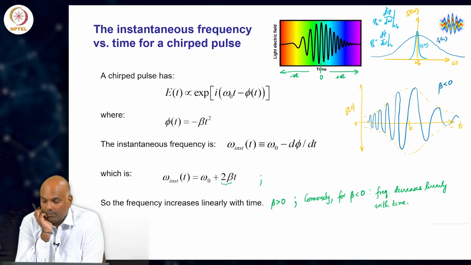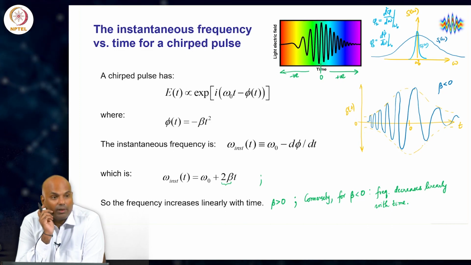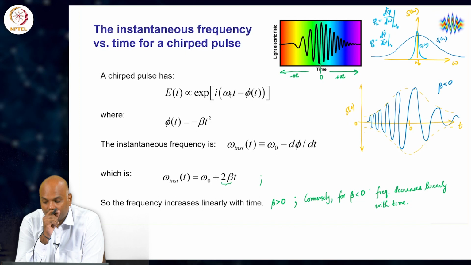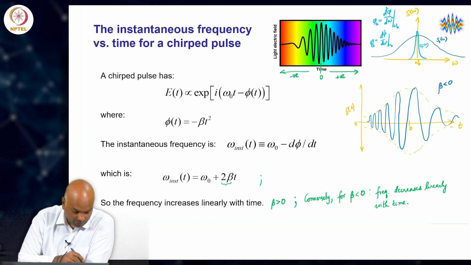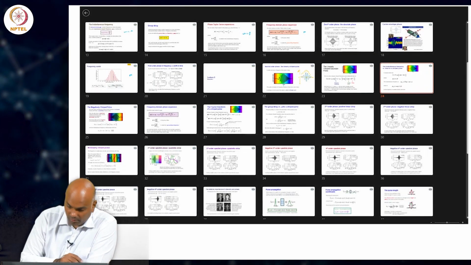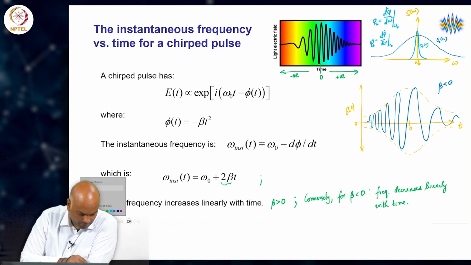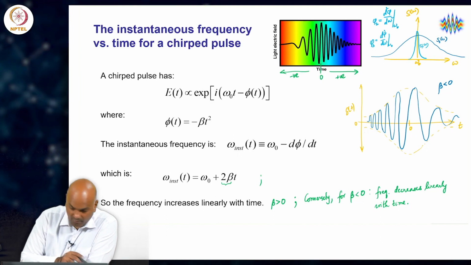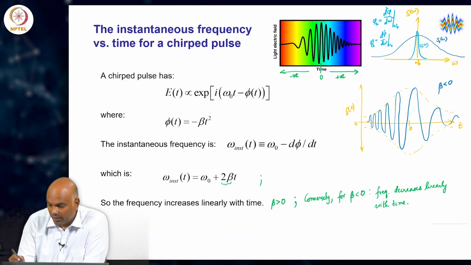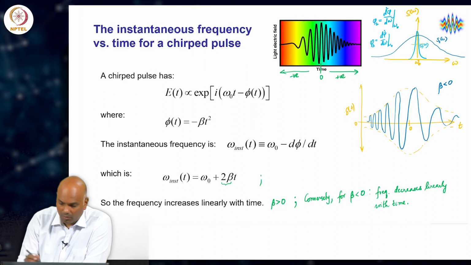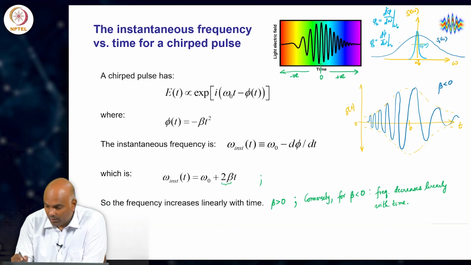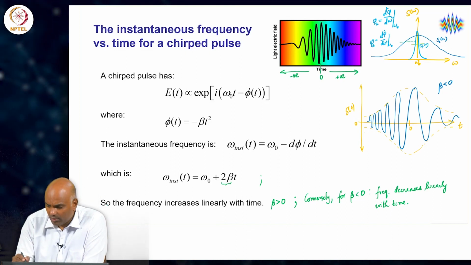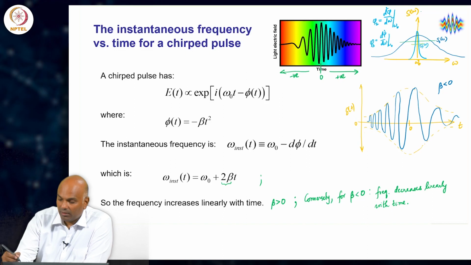As the pulse propagates, along with the spectral amplitude function, we also have the spectral phase functions of these two pulses. So, let us mark these, say, in green.